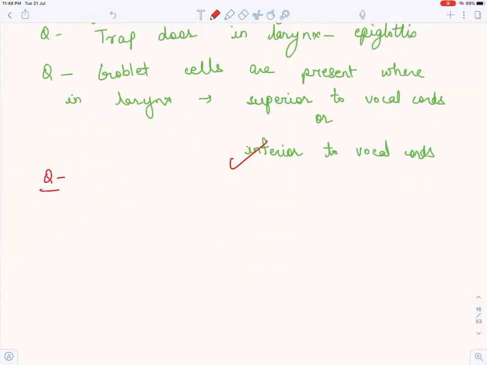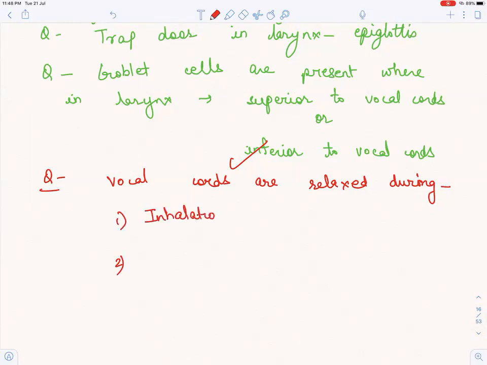One more question. Vocal cords are relaxed during inhalation or exhalation? Think quick. Inhalation or exhalation? Answer is inhalation. They are relaxed in inhalation. In exhalation, they come close and vibrate.